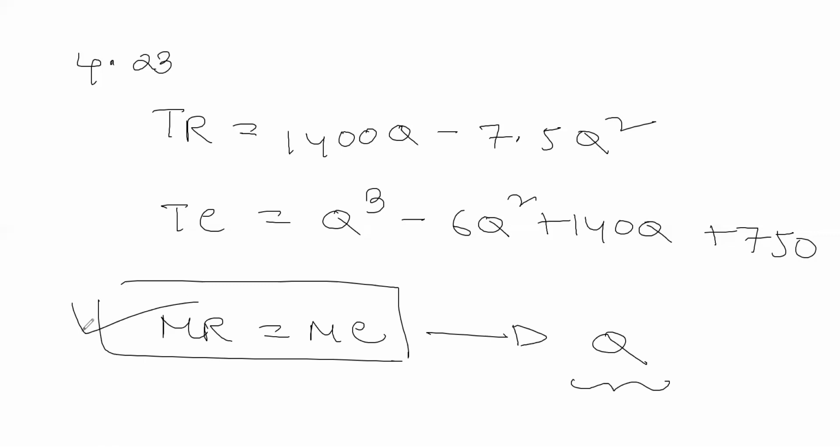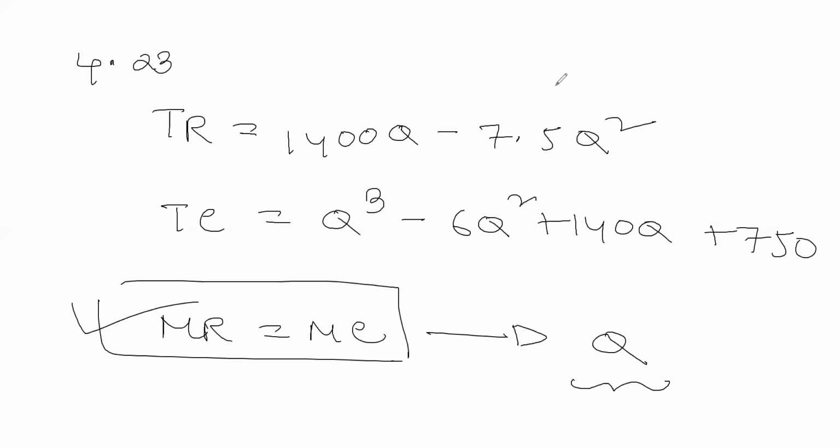This is the profit maximization condition under perfect competition to identify the optimal quantity. Then we need to also test the second order condition to identify whether profit is maximized or not. And finally, we need to calculate the profit amount.